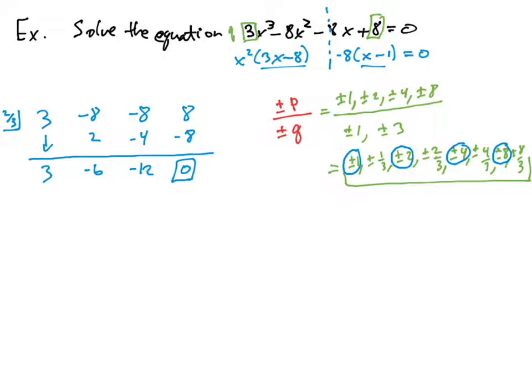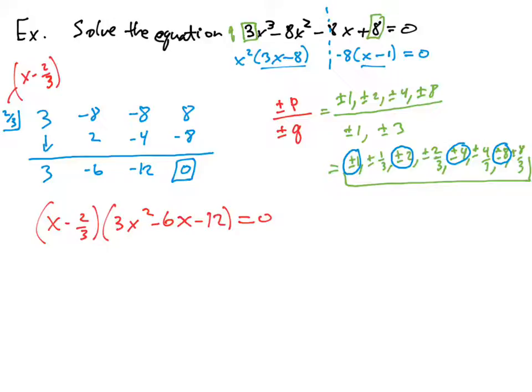Okay, so what we have is a couple ways we can write this. Because 2/3 is a zero, that means x minus 2/3 is a factor. So x minus 2/3, and then 3x squared minus 6x minus 12, that's equal to 0.